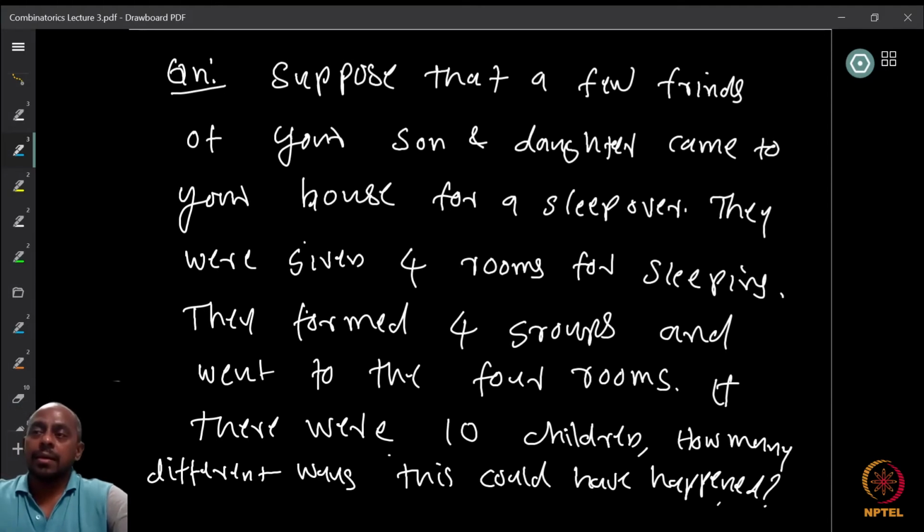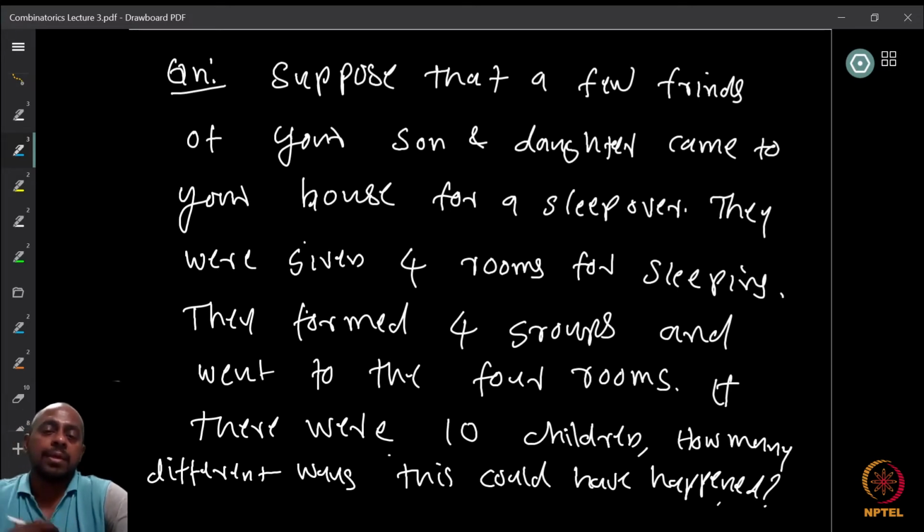Now say, okay, you go to the 4 rooms, and whichever groups you want, you can form. Those who want to sleep with others decide, go and find the corresponding rooms, and then let us know. Now, how many different ways can this happen?